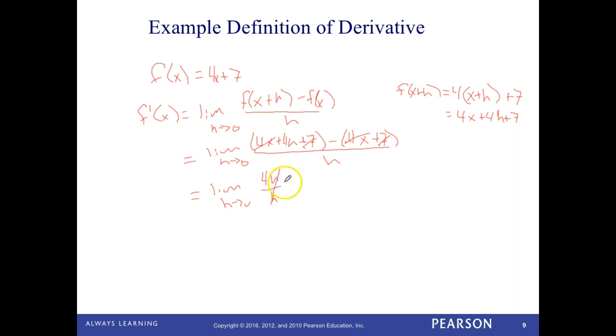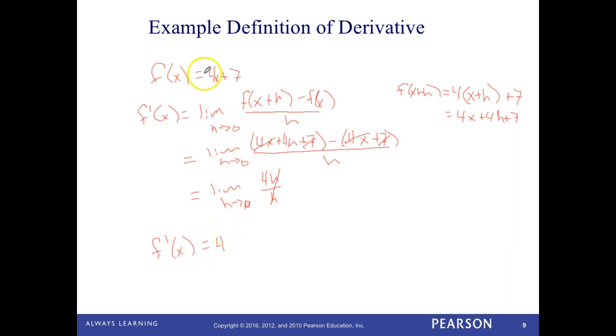Clearly, these h's will cancel, and I'm just left with 4. So here I actually don't have anything to even plug in. There are no h's left. The answer is just 4. So f prime of x is equal to 4. That's my entire function. No matter what point I choose, the slope is equal to 4.